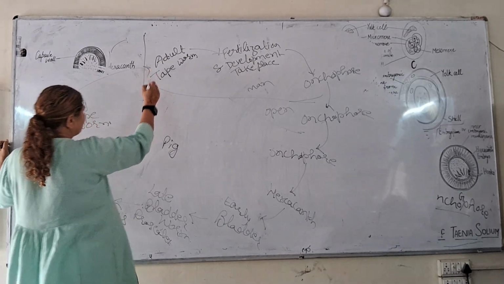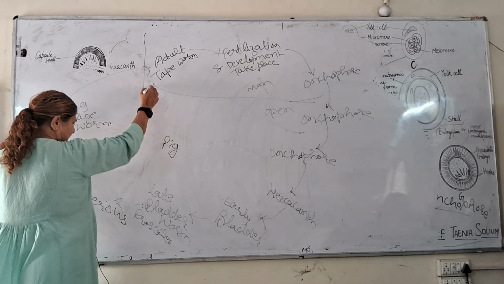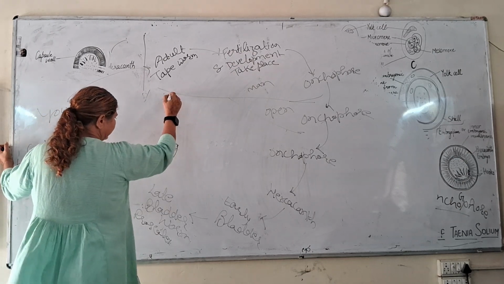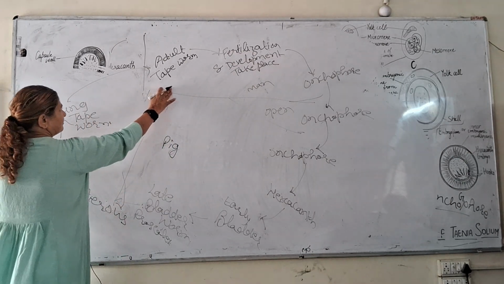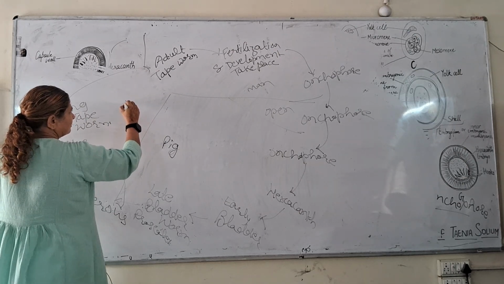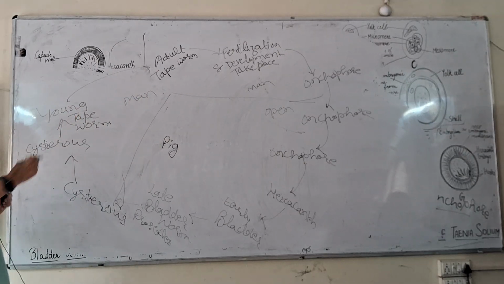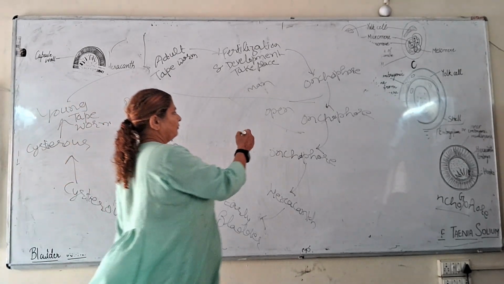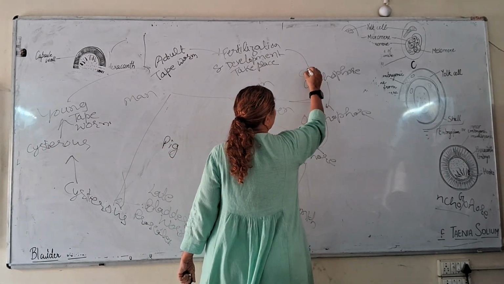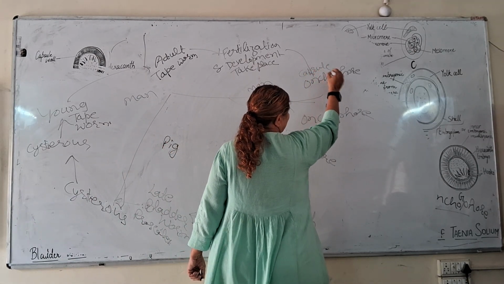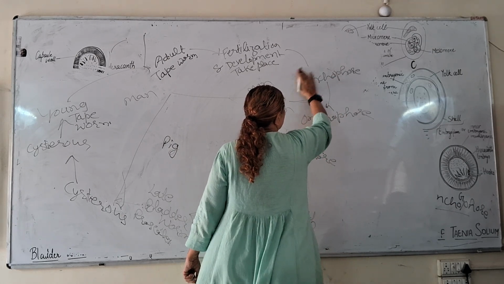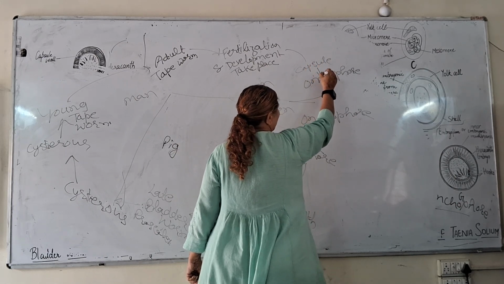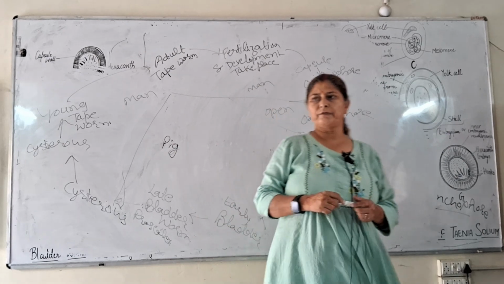Then it changes into adult tapeworm. All these stages take place in man. This cycle is complete. There is formation of a capsule, you can say. Then the oncosphere. This is the life cycle.